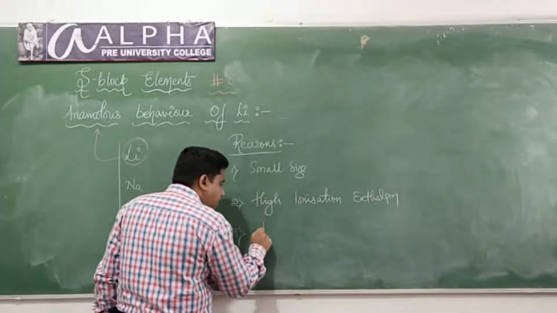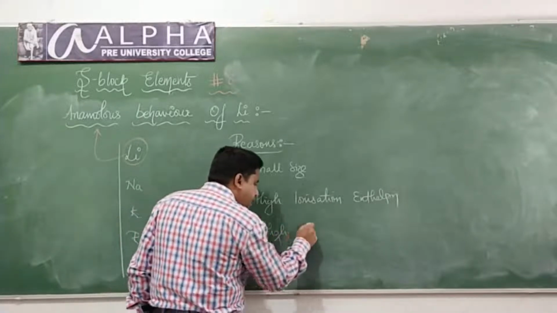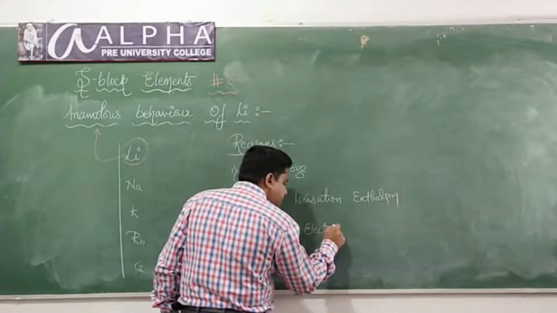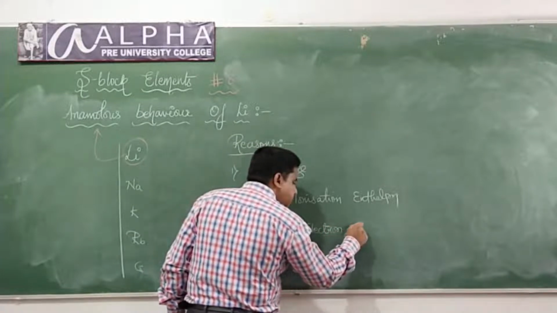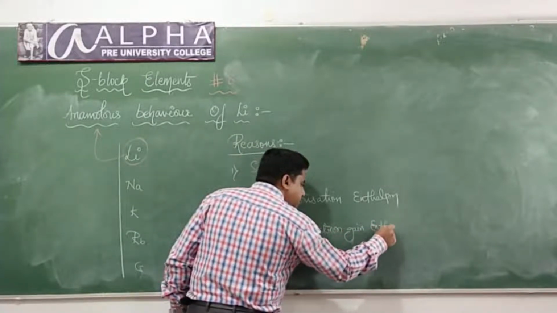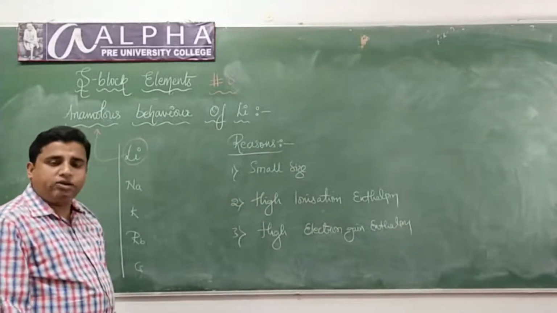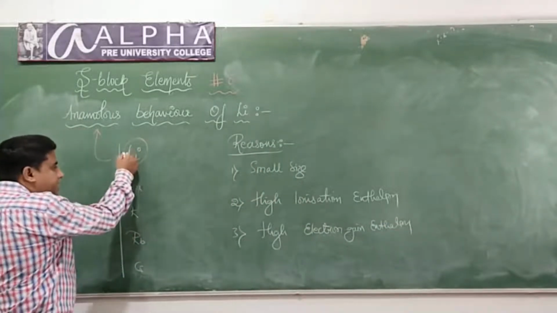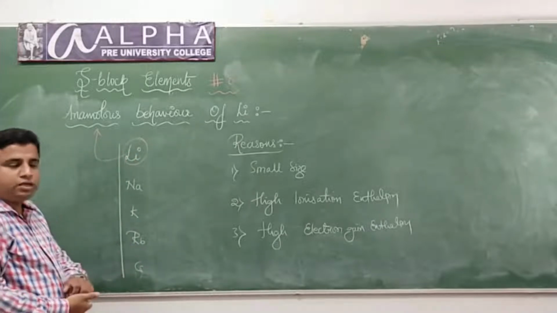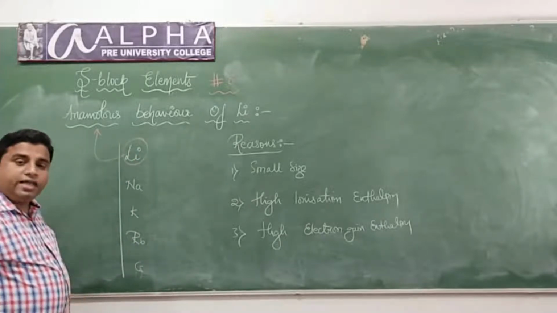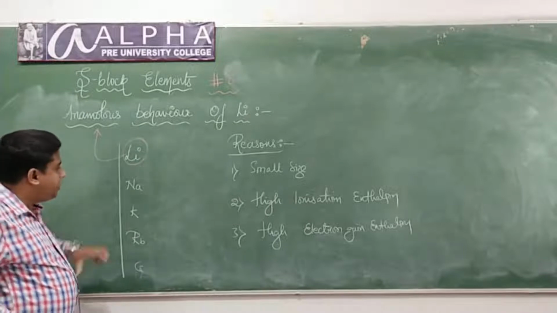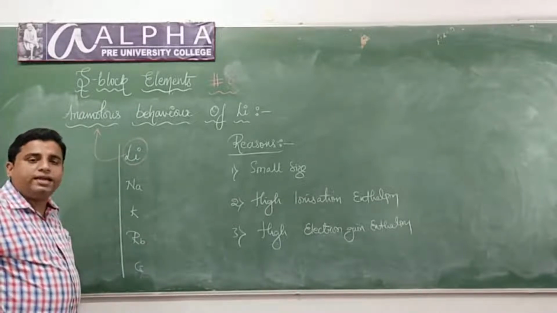The third one, high electron gain enthalpy. Are you getting my point? Lithium is the smallest atom. Lithium has the highest ionization enthalpy. Lithium has the highest electron gain enthalpy.